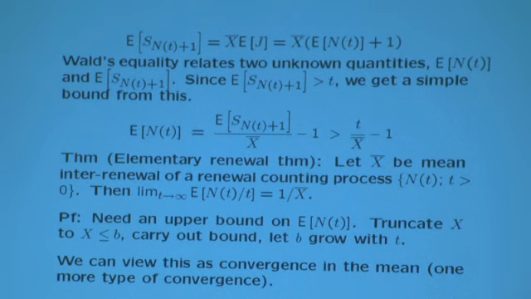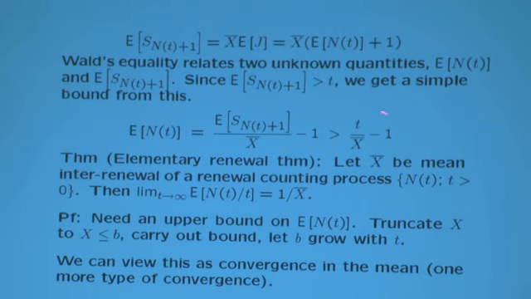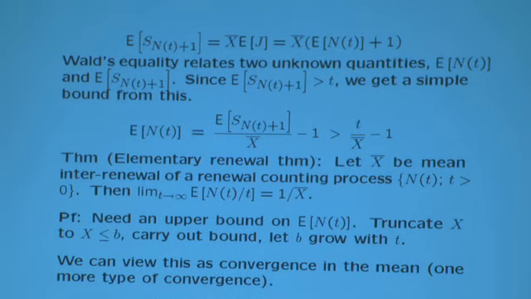So what that means is you have a lower bound on the expected value of N(t)/t, which is going to 1 over X bar. The elementary renewal theorem then says: let X bar be the mean in a renewal process. Then the limit as t approaches infinity of the expected value of N(t) over t is equal to 1 over X bar. Very weak result. At least it seems to be a very weak result.